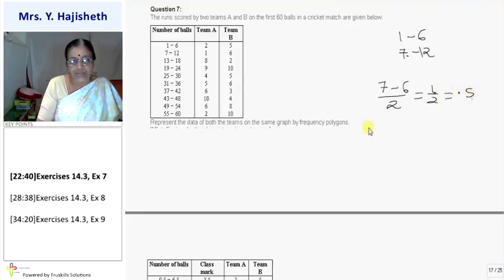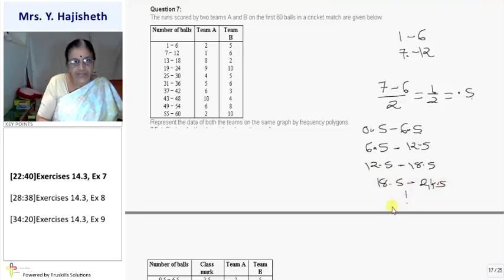I subtract 0.5 from 1 and add 0.5 to 6, so it is 0.5 to 6.5. Then 7 minus 0.5, so 6.5 to 12.5. Then 12.5 to 18.5. Then 19 minus 0.5 is 18.5 to 24.5. This way you continue till you get the last class, 54.5 to 60.5. And write the team A and team B runs as they are.